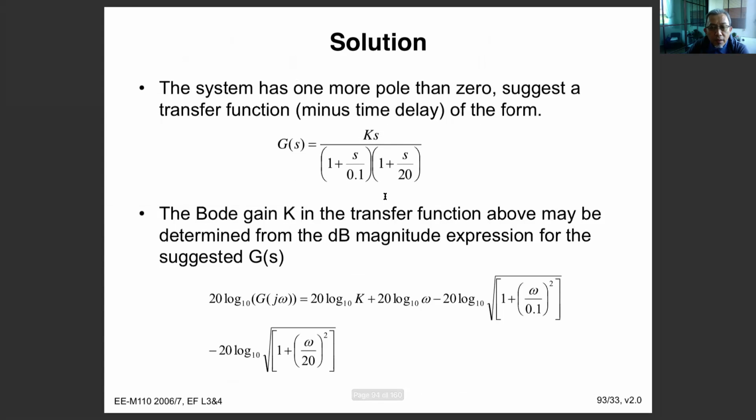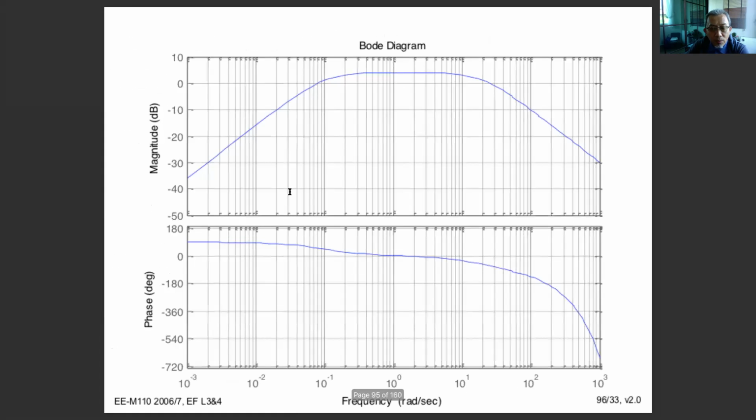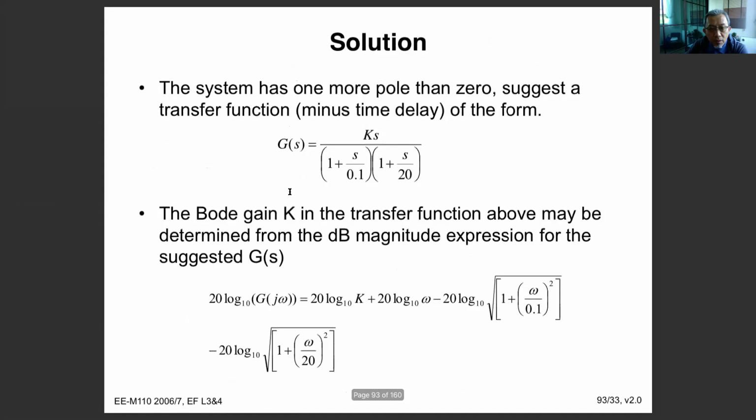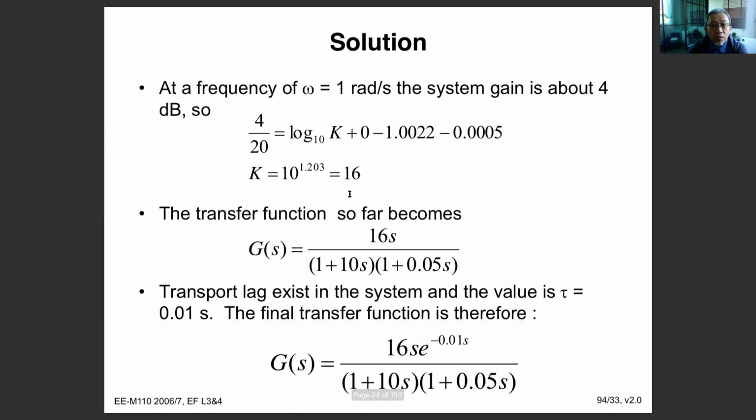Then we obtain the K value, which is about 16, at 1 radian per second, where we insert the frequency value. And the transfer function will be 16s over (1 + 10s)(1 + 0.05s). Since the time delay is equal to 0.01 second, we include the exponent factor which represents the time delay of the system.